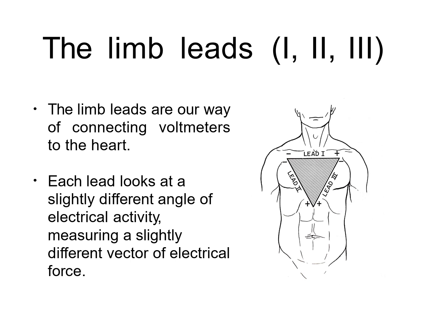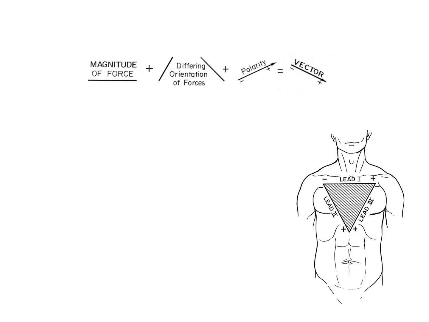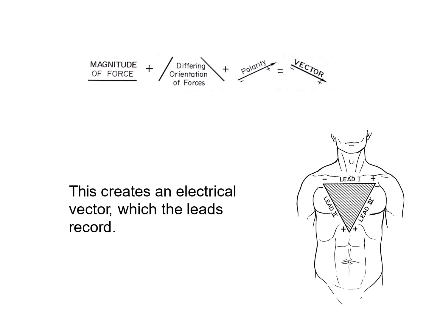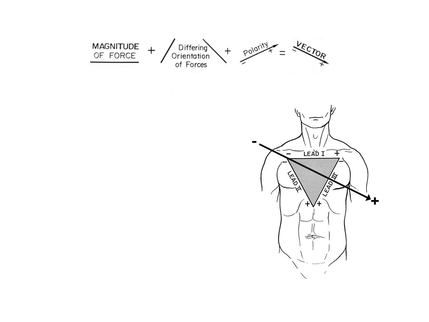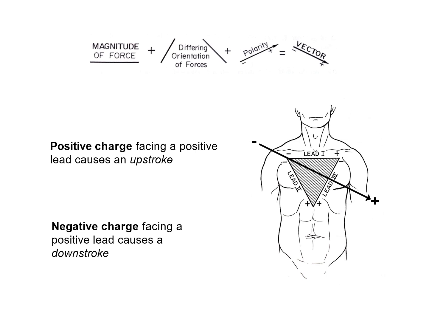Each lead looks at a slightly different angle of electrical activity, measuring a slightly different vector of electrical force. The electrical force moves with magnitude, direction, and polarity. This creates an electrical vector, which the leads record. This force creates a moving electrical vector. A positive charge facing a positive lead causes an upstroke, and a negative charge facing a positive lead causes a downstroke.